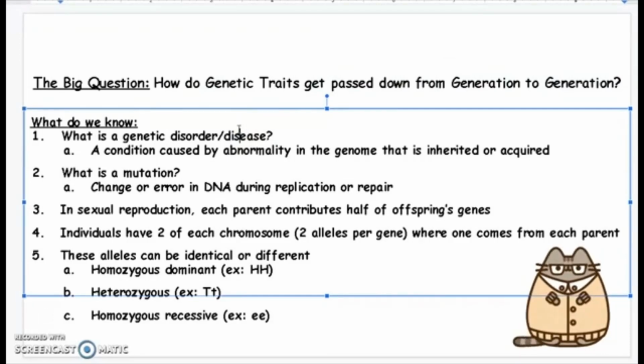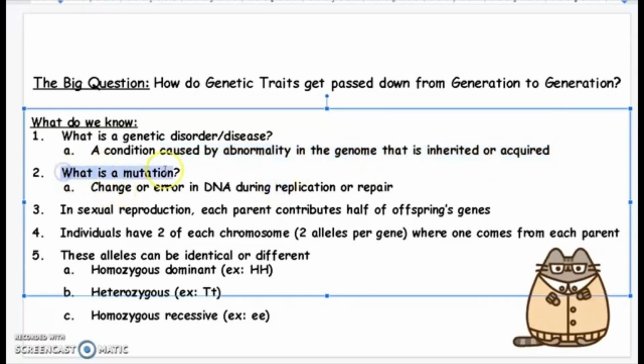And so, number one, what is a genetic disorder or disease? It is a condition caused by an abnormality in the genome that is inherited or acquired. That's all you need to know. In the DNA, if you inherit or obtain a change, then there is a chance you're going to have a genetic disorder.